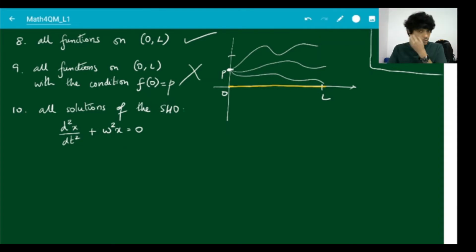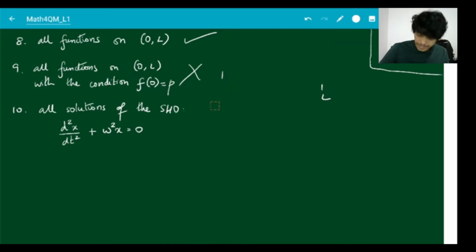So, do all solutions of this equation form a vector space? The answer is yes, they do. Because if f is a solution of this differential equation and g is also a solution, then f plus g is also a solution.